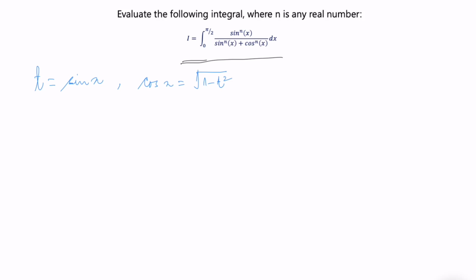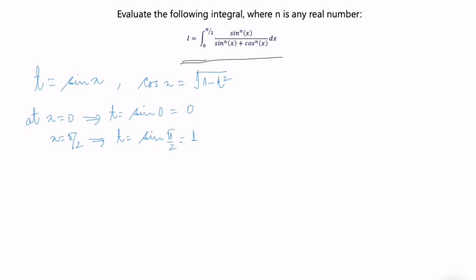And then my integral becomes, at x equal to 0, t equal to sine of 0, which is 0. And at x equal to pi by 2, t becomes sine of pi by 2, which is 1.